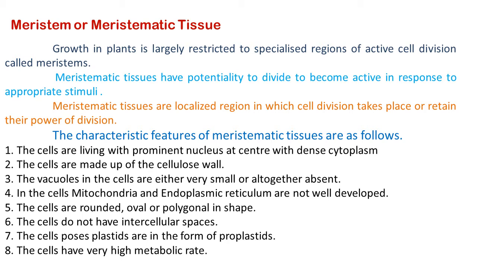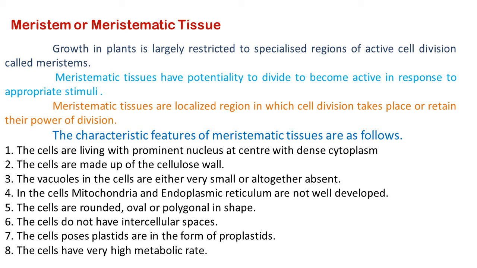Now, the characteristic features of meristematic tissue are as follows. First of all, the cells are living with a prominent nucleus at the center with dense cytoplasm. The cells are made up of a cellulose wall.